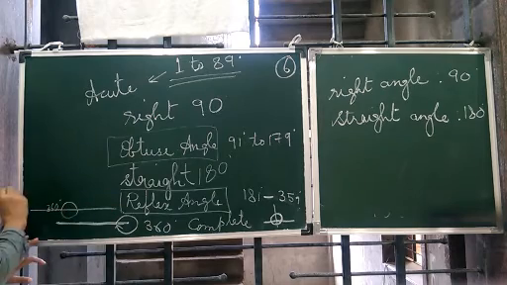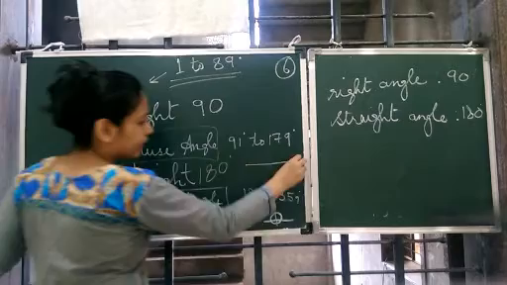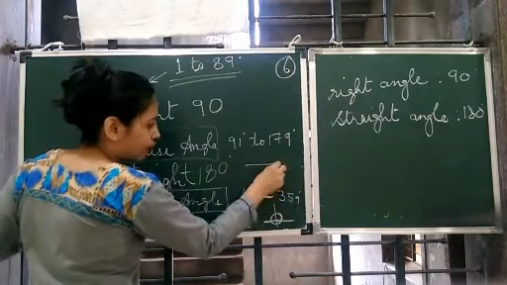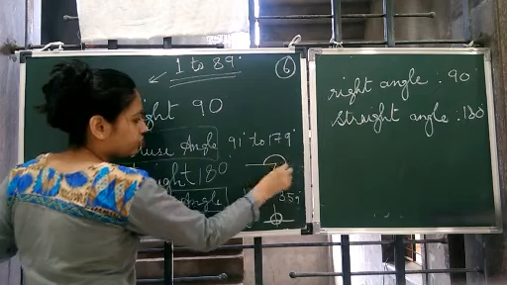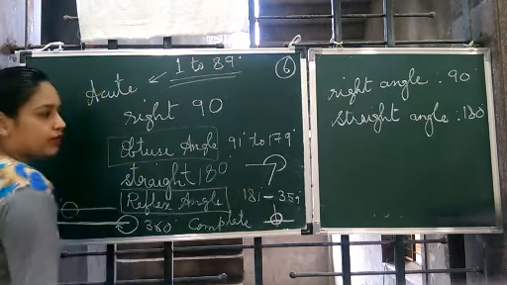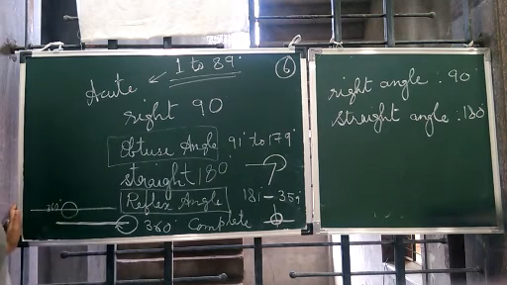What about reflex angle? More than 180 degree, meaning always more than a straight line. So inside will be an acute angle, outside will be a reflex angle. Then inside can be an obtuse angle also, no problem.